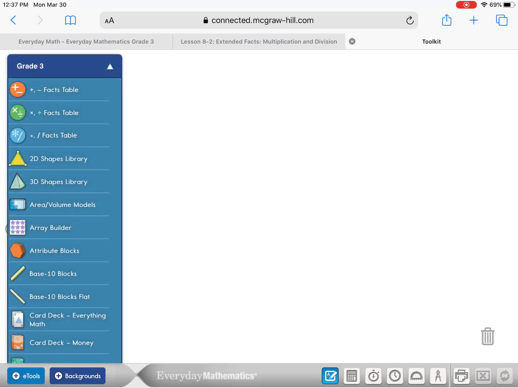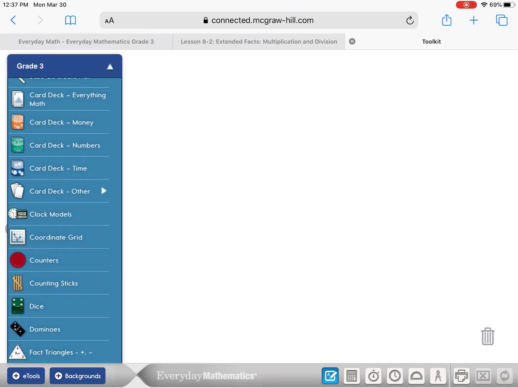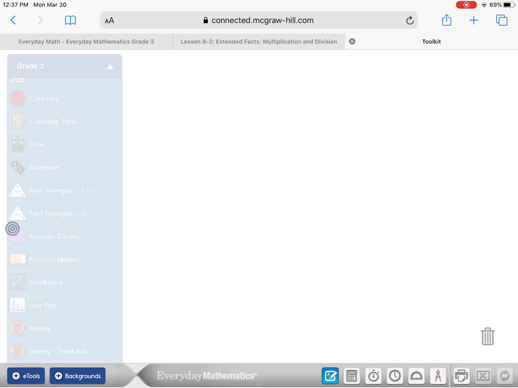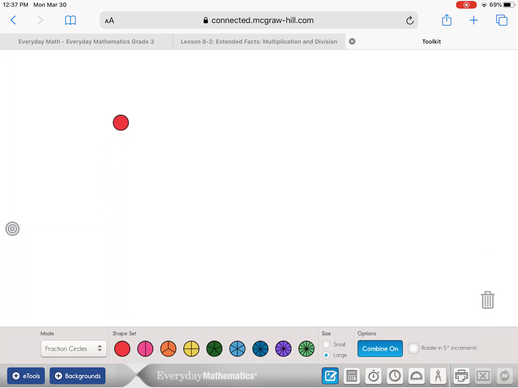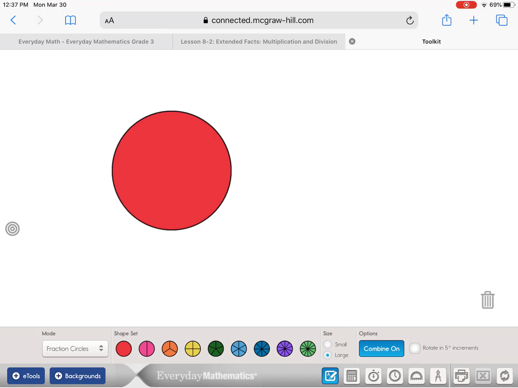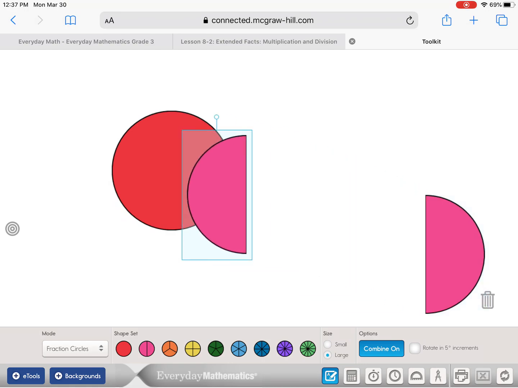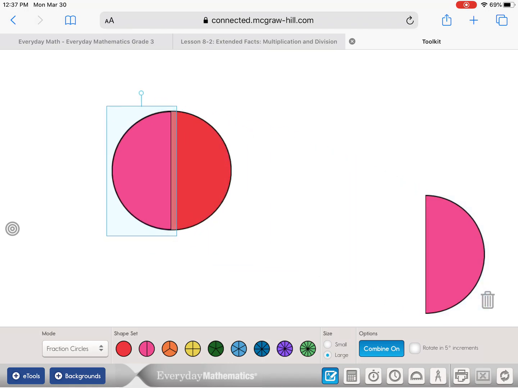For these pages, 1, 2, 3, and 4, you are pretending that the whole is a red piece. So I'm going to grab a red. And then you're trying to figure out how much is missing. So I'm going to break this guy apart. So this is number 1 on page 269.